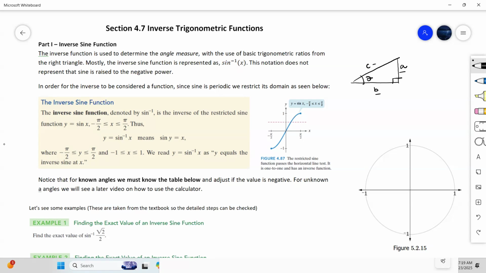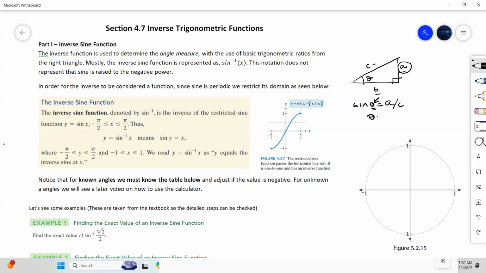For example, in case of sine, sine of theta is the opposite side over hypotenuse. So now the question comes, what if I want to find the angle theta? Right, so we've discussed this in the previous video that we would use the inverse function, right?